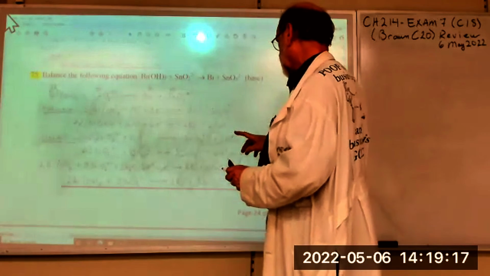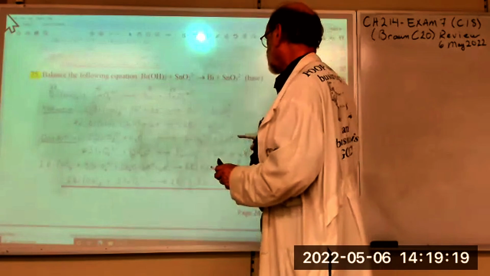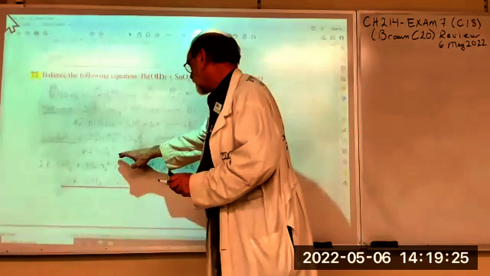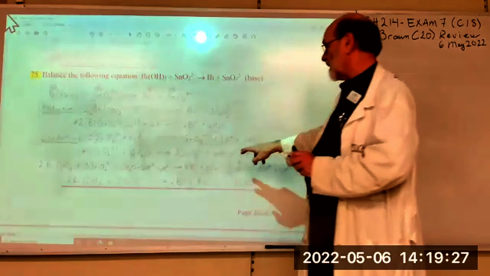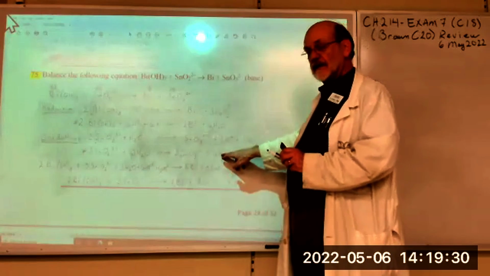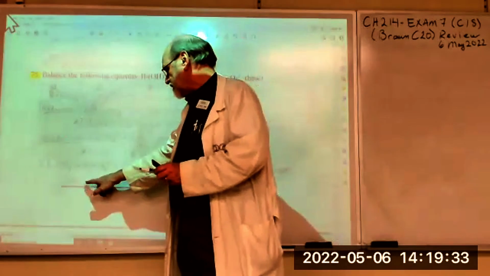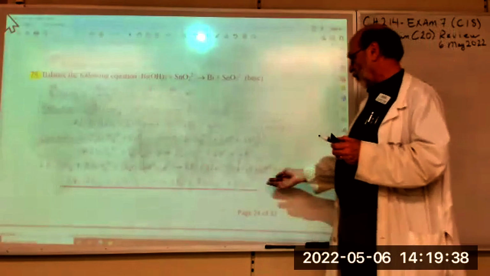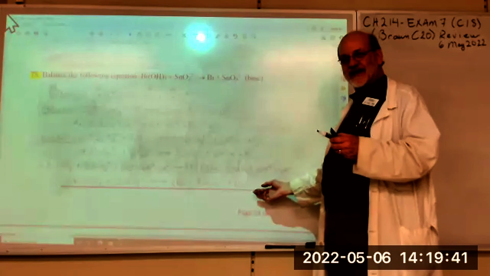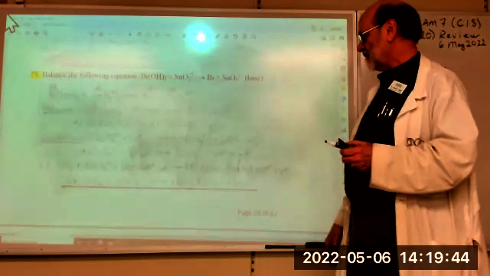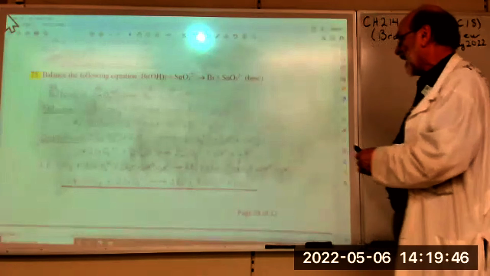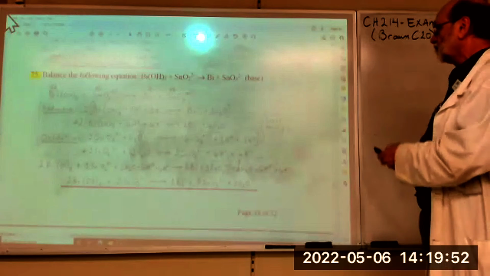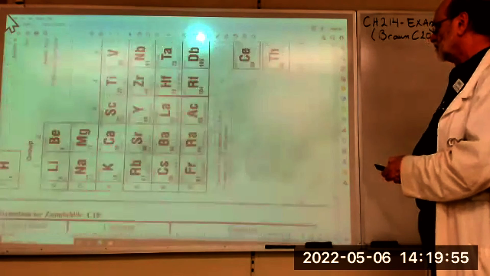Notice, for this one, 6 hydrogen ions. And for this one, we end up with 6 hydrogen ions. The hydrogens cancel. So all you're left with is this base. So that conveniently works out to a basic environment, bismuth hydroxide. We didn't have to neutralize any hydrogen ions for that one. All done.